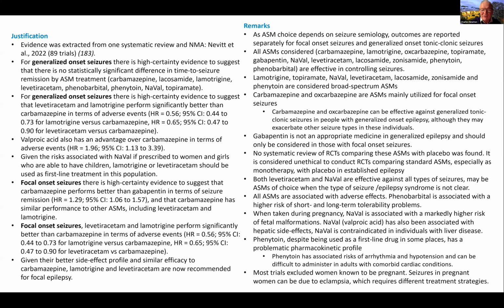It is important to point out that there are no randomized controlled trials comparing these anti-seizure medicines for the treatment of epilepsy with placebo, mainly because this is unethical, and again emphasizing the importance of avoiding sodium valproate in girls and women of childbearing age because of the teratogenic effects, and also in people who may develop liver disease as well.